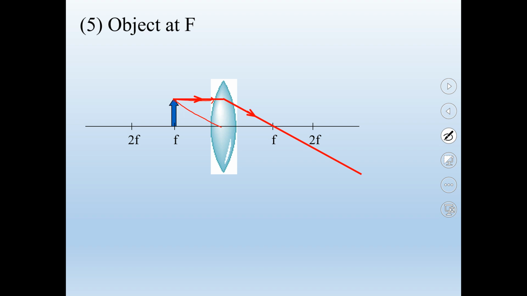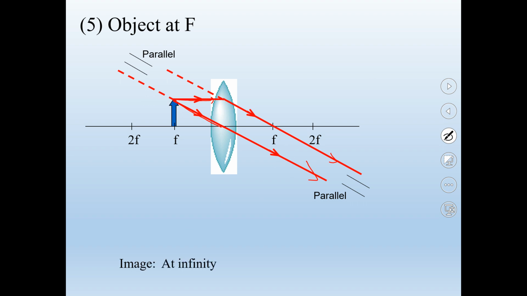It passes through the focus point. Secondly, we send a ray to the optical center. If you direct it to the optical center, it will pass directly. Look at this, these two refracted rays are parallel. If light rays move parallel, they do not connect anywhere. If they do not connect anywhere, we can say the image is at infinity.